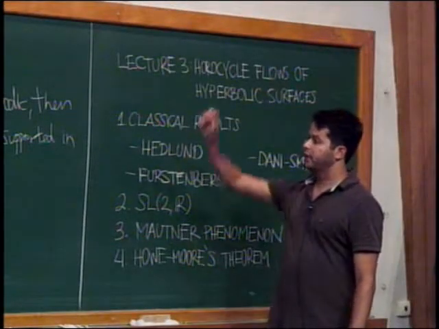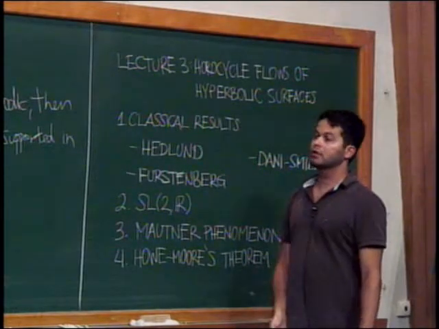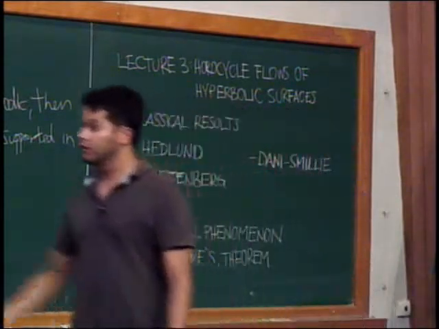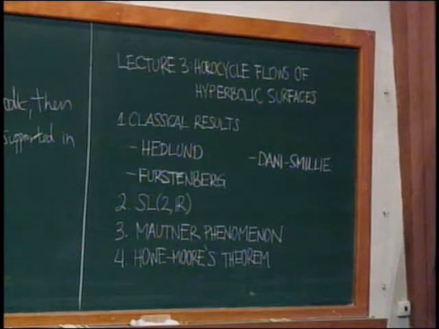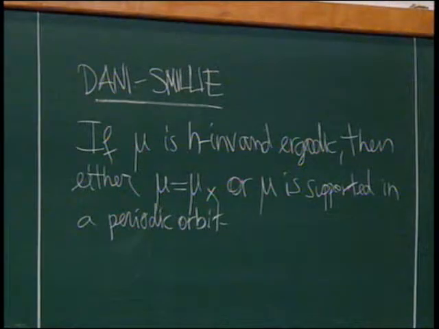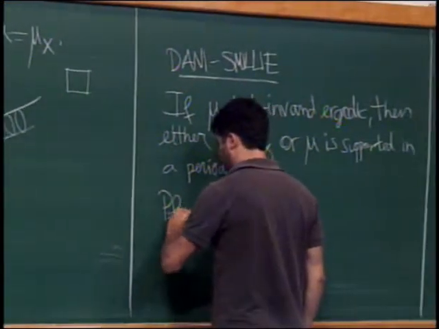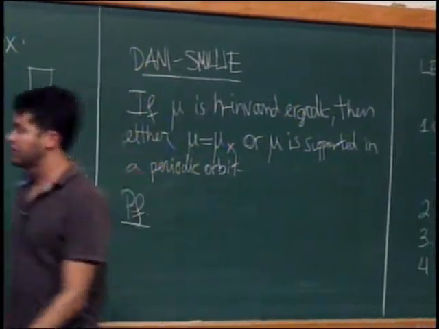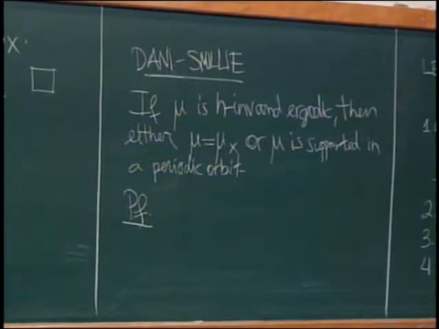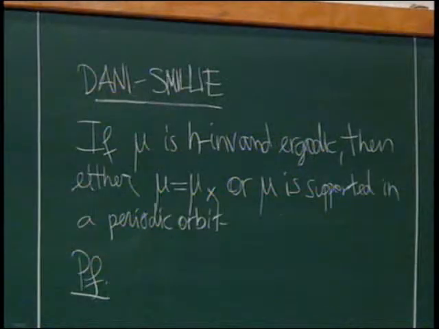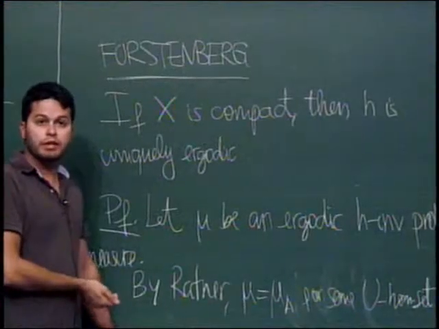Again, we can get a proof of this theorem using Ratner's theorems and Hedlund's result. Let me sketch the proof, and it follows the same lines: if you get an ergodic H-invariant measure, you know that it should be the Haar measure of some U-homogeneous set.